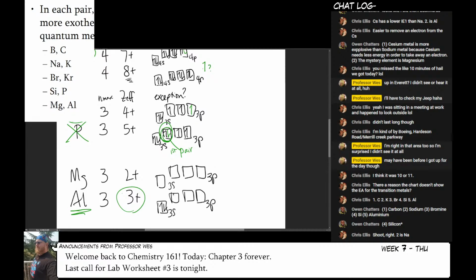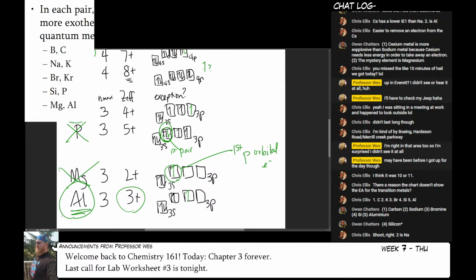Here's what aluminum looks like. Here's what magnesium looks like. Oops, that's not where that would go. It would go over here. But this one, uh-oh. First in a p orbital. Exception. And we picked aluminum anyway, so that's fine.